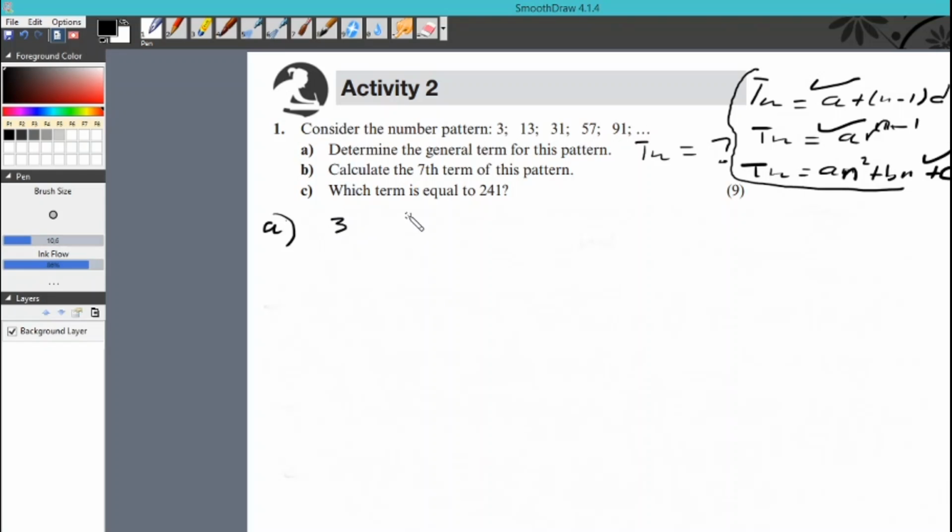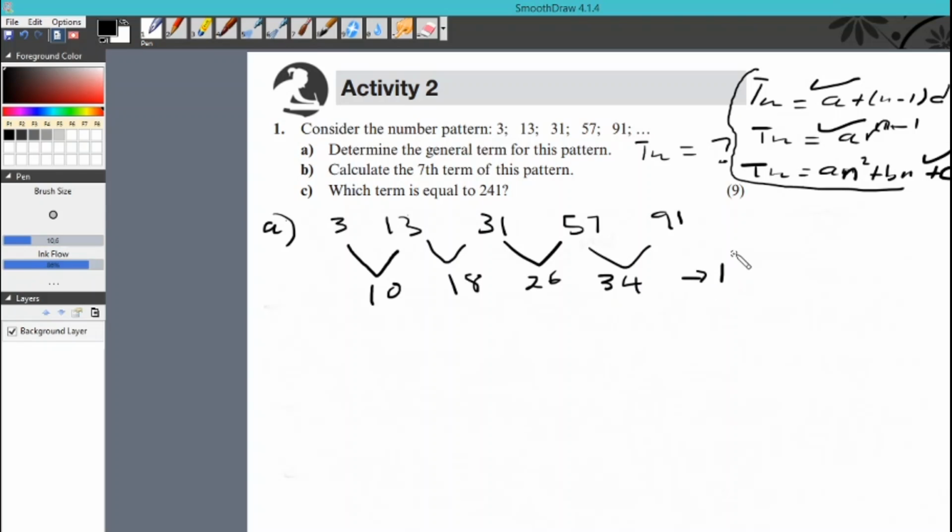3, 13, 31, 57, 91. Right? Let's find the first difference. 13 minus 3 is 10, then 31 minus 13 is 18, then 57 minus 31 is 26, and then 91 minus 57 is 34.